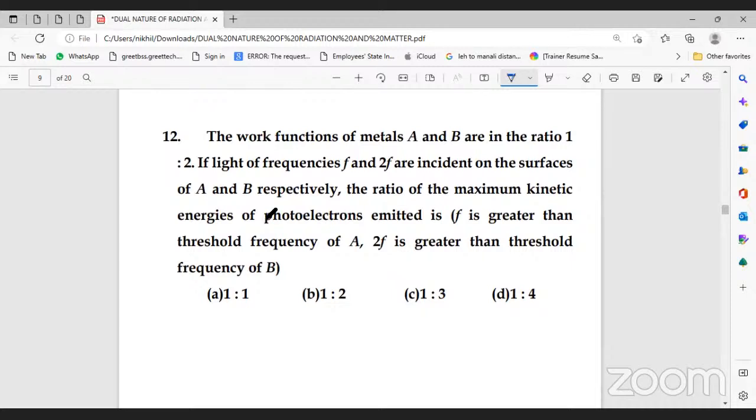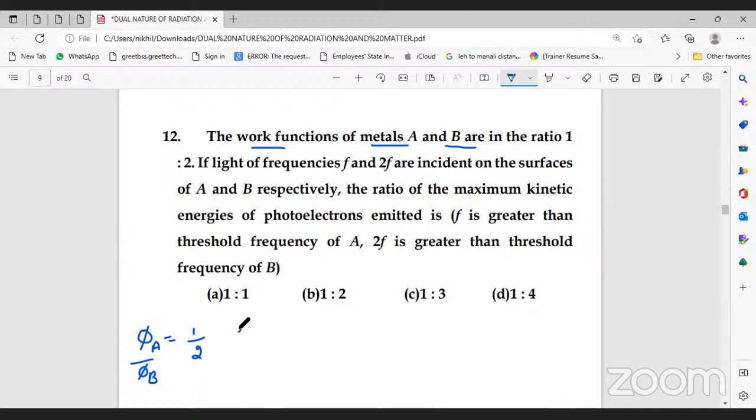Okay. Look at this. Work functions of metal A and metal B are in the ratio 1:2. Work function of metal A by work function of metal B is in the ratio 1:2.